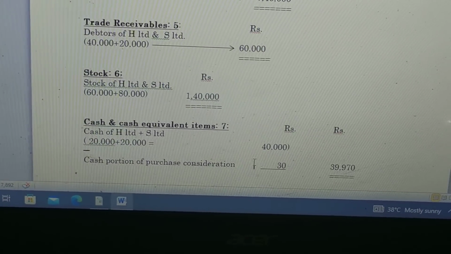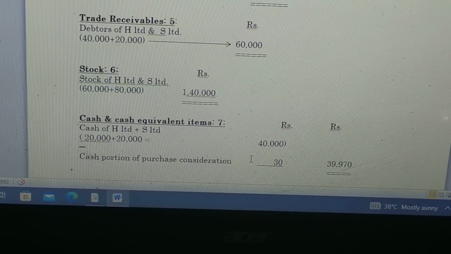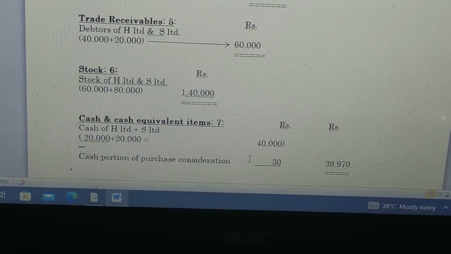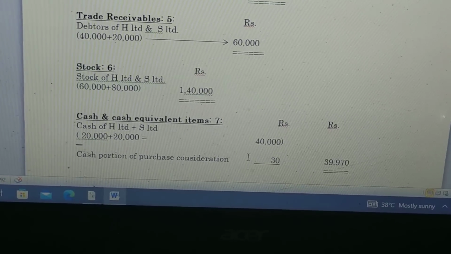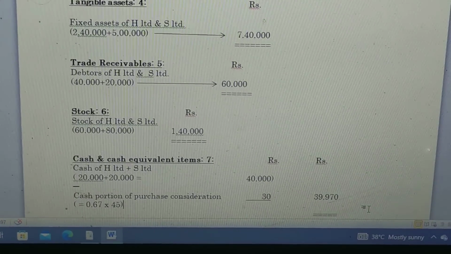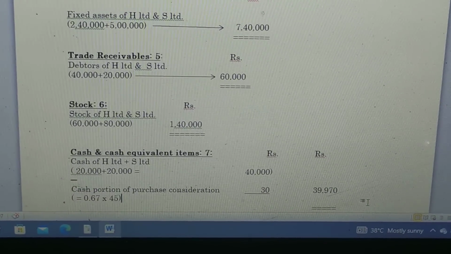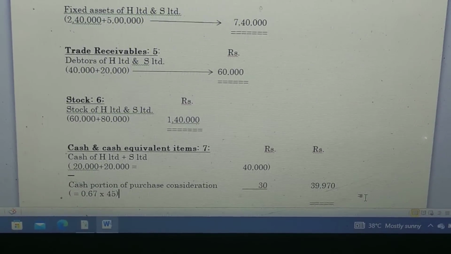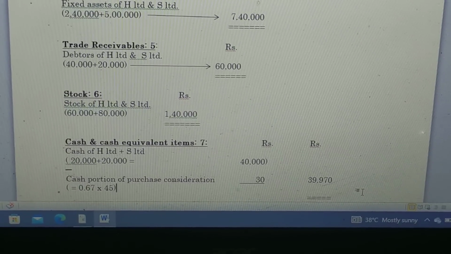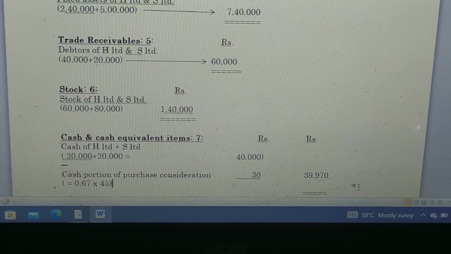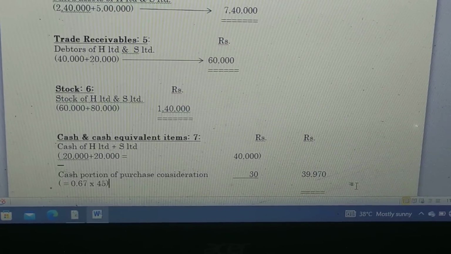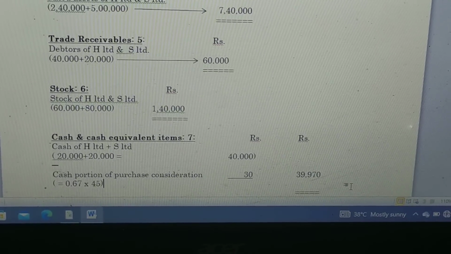So the amount is rupees 30, which we have already calculated. It means equal to 0.67 multiplied with 45. So we get the 30 as the cash portion of purchase consideration. So that amount will be deducted from the above amount. So 40,000 minus 30, we get 39,970.